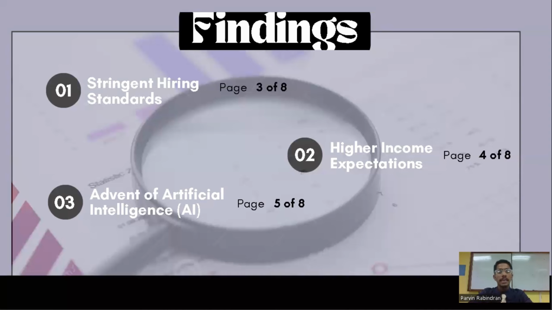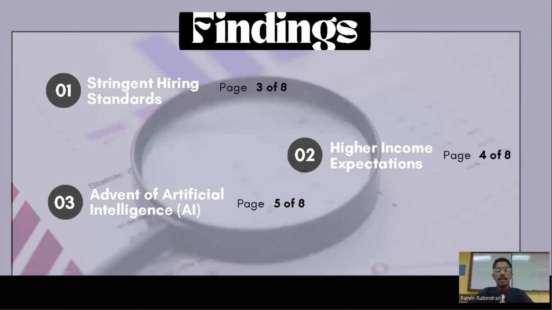Also, information in these findings usually is arranged in order of importance, with the most important information coming first. So based on the findings that we got, we have to arrange it from the finding which we think is most important to the least important. And this can be affected according to the understanding and preference of the author.